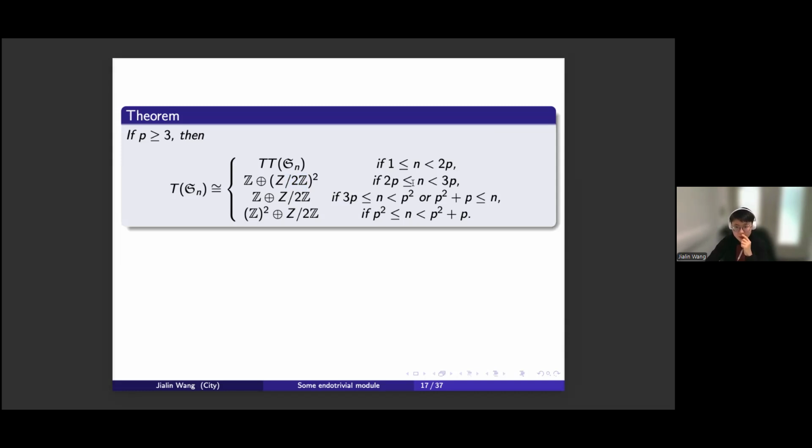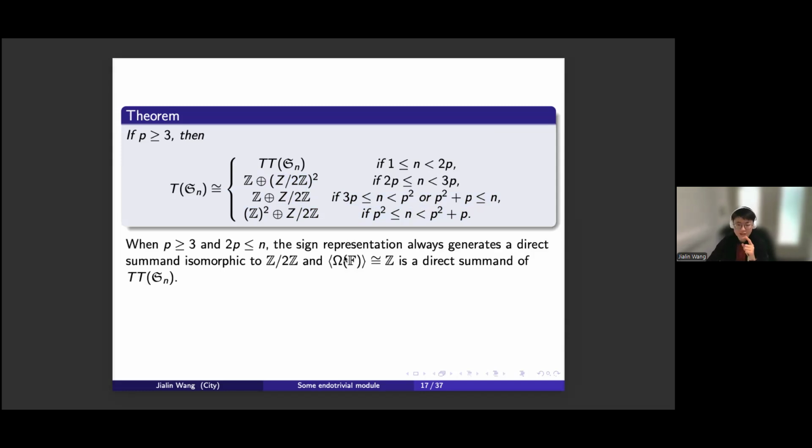So in the case when n is at least 2p, you can observe over here, you get at least 1 copy of Z and 1 copy of C2. That 1 copy of Z comes from the cyclic summand generated by the syzygy of F. And that 1 copy of C2 comes from the sign representation.